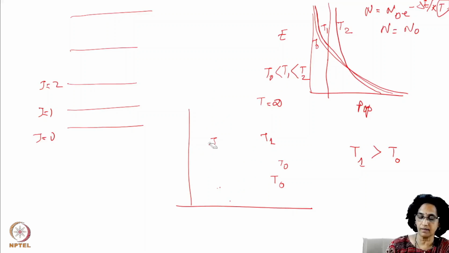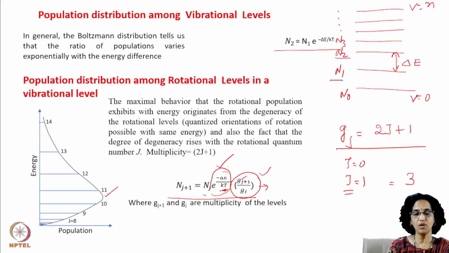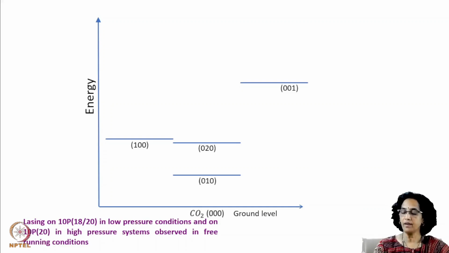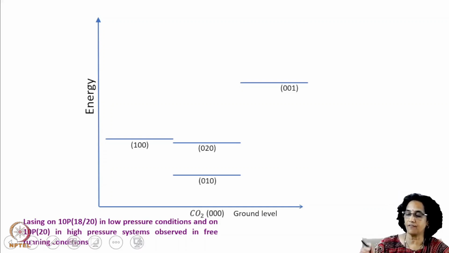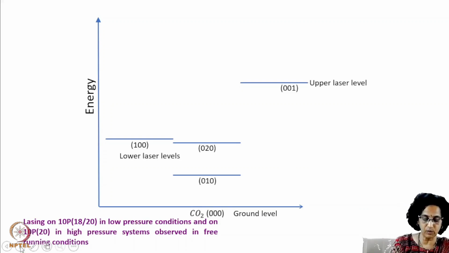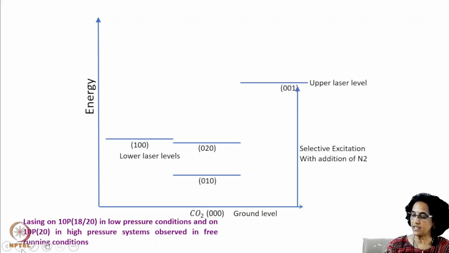Now, as we saw, the distribution here is Maxwellian, and here you have a maximal behavior. So now coming back to our CO2 laser, these are the upper laser levels. This is the upper laser level, you have the lower laser level, and we have selective excitation with addition of nitrogen.